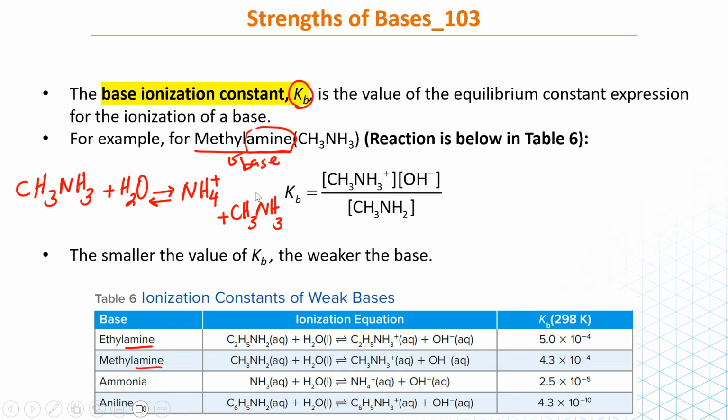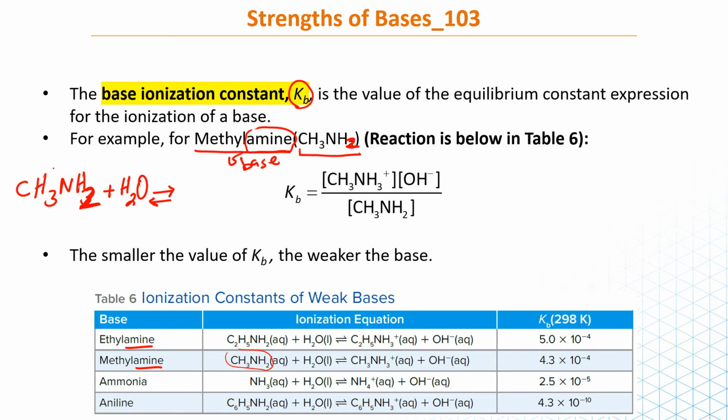Yeah, there's a mistake here. Methylamine is actually 2 here. It's not 3. Okay. So this is CH3NH2, methylamine. Okay, it's here. So sorry, this is 2. So when we do this, I have no idea why I added an NH4 plus here. My apologies, guys.